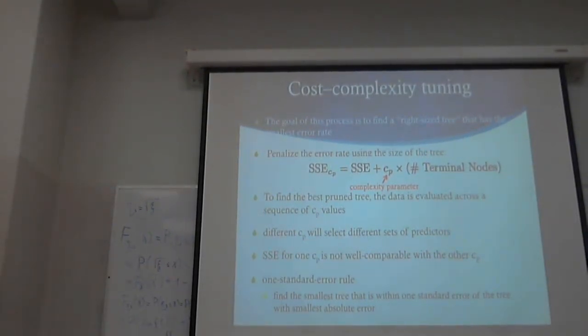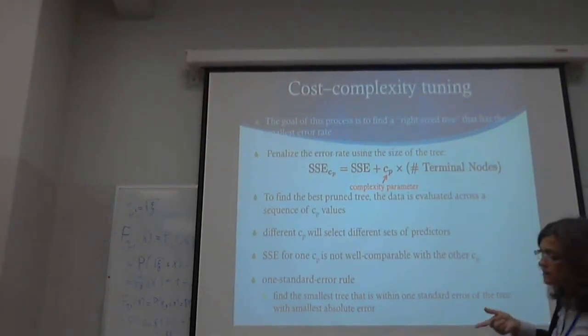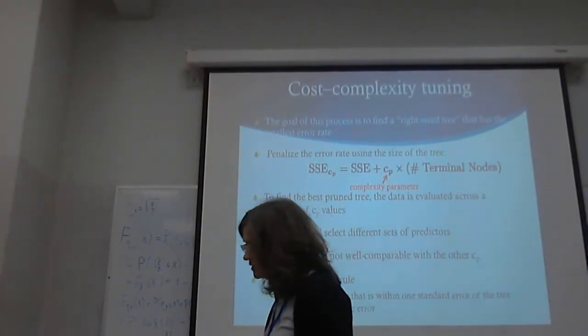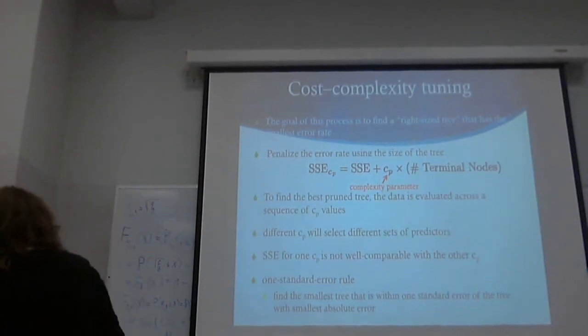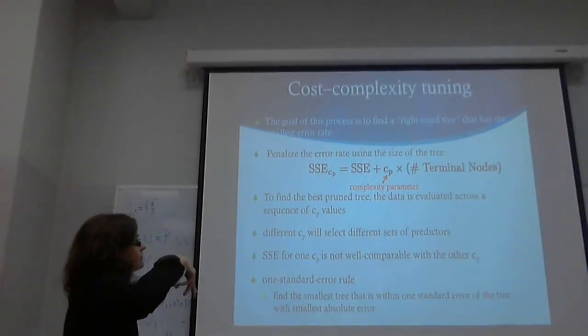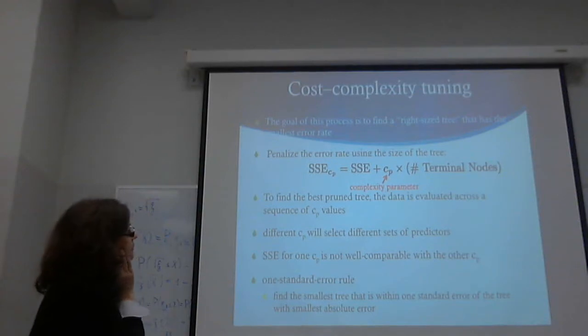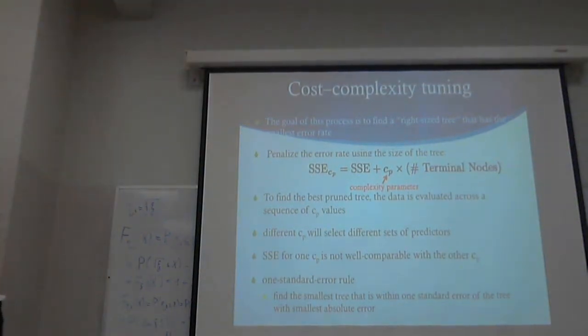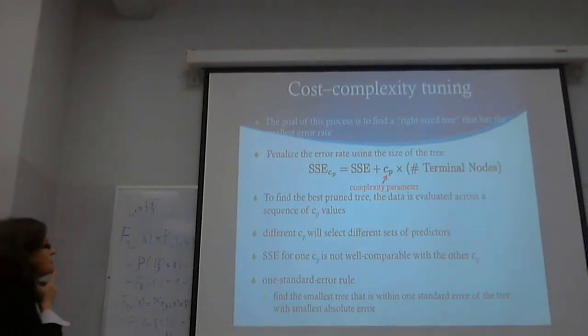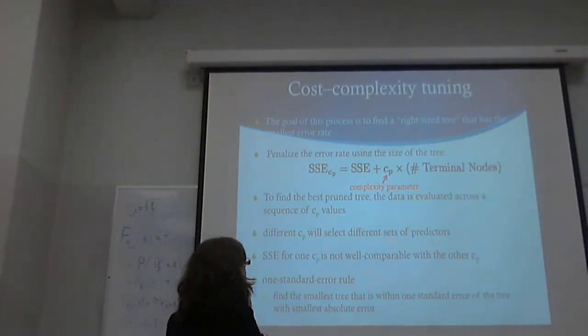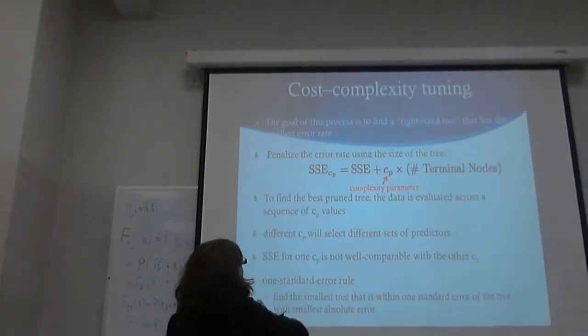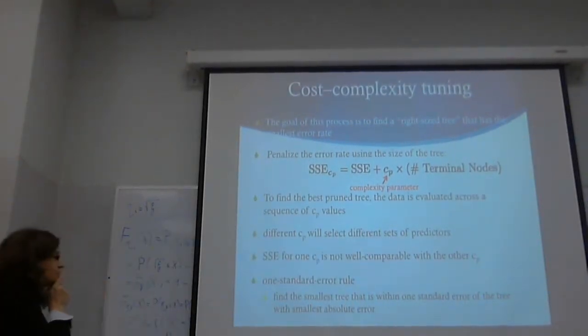And here you can penalize in a similar way as we penalized error in linear regression models. We penalize with lambda multiplied by the sum of the weights, either in squares or absolute values. And here, similarly, you can penalize the sum of the squared errors by the number of terminal nodes multiplied by the complexity parameter.